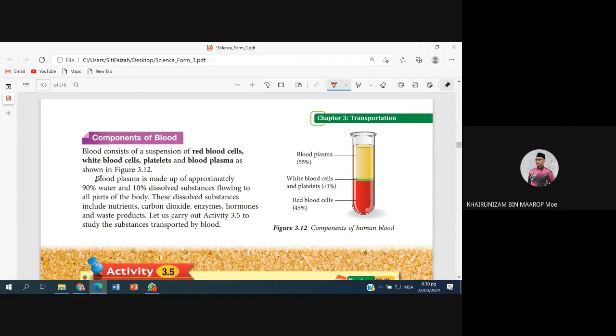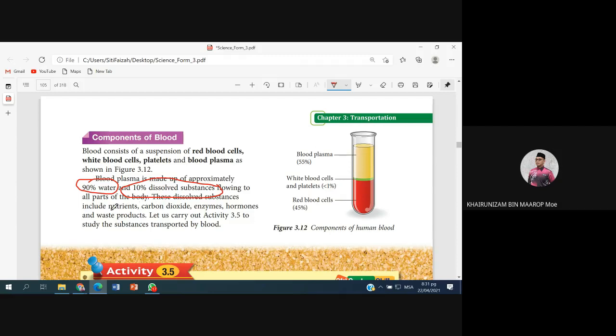Blood plasma is made up of approximately 90% water and 10% dissolved substances flowing to all parts of the body. This is the yellow liquid, blood plasma. So what are the substances?